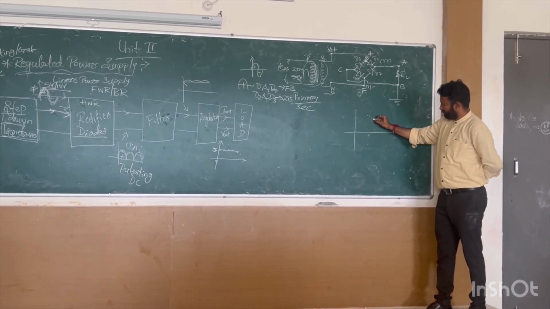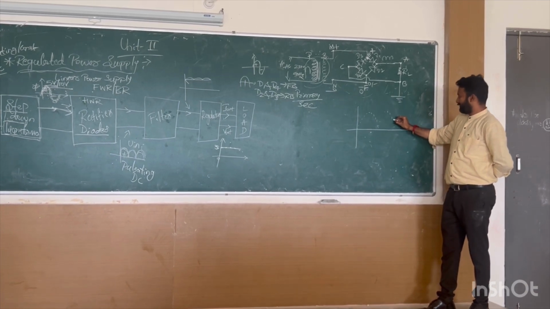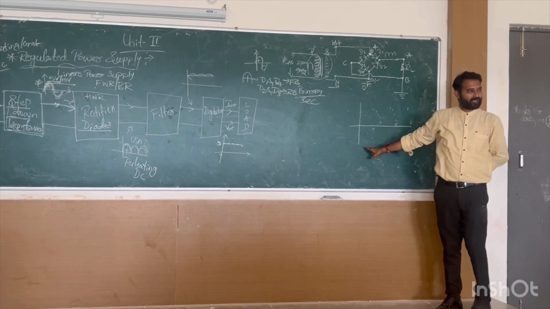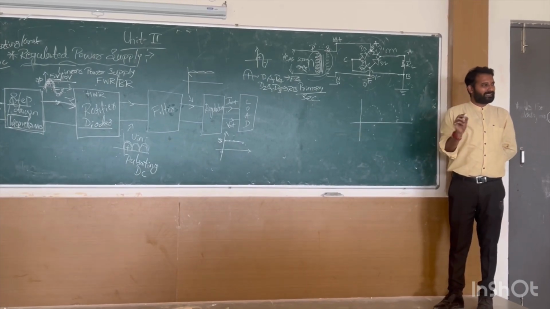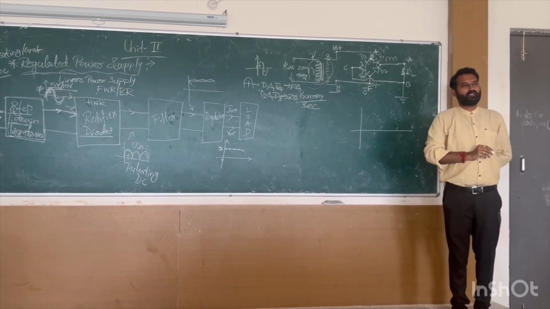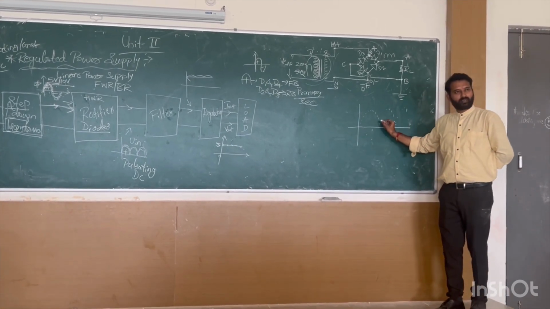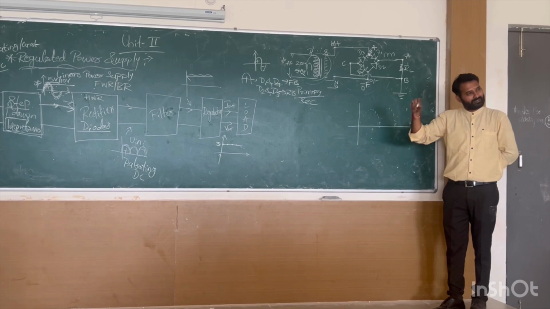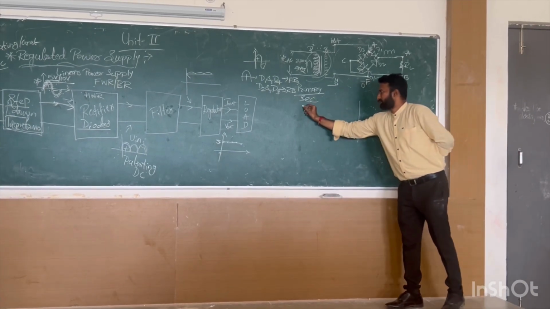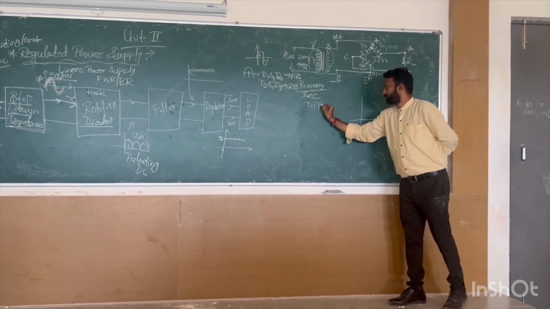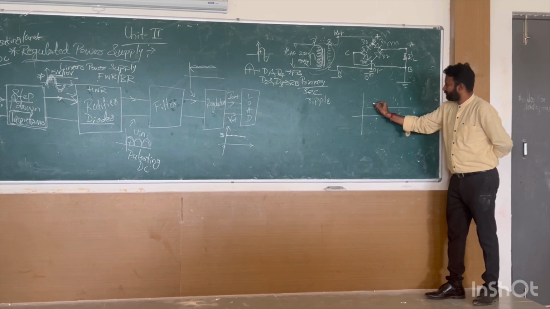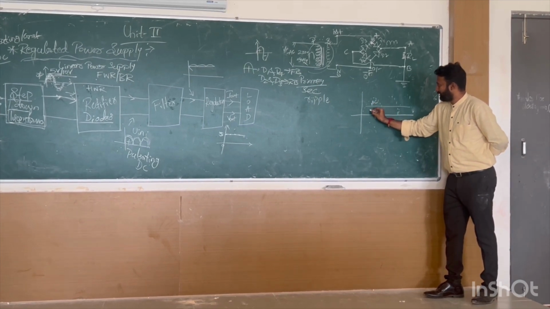What is this? This is the rectified output, which is a pulsating DC. Why we are using a filter: this rectified output will contain a high amount of ripple, which means it is a combination of AC and DC.